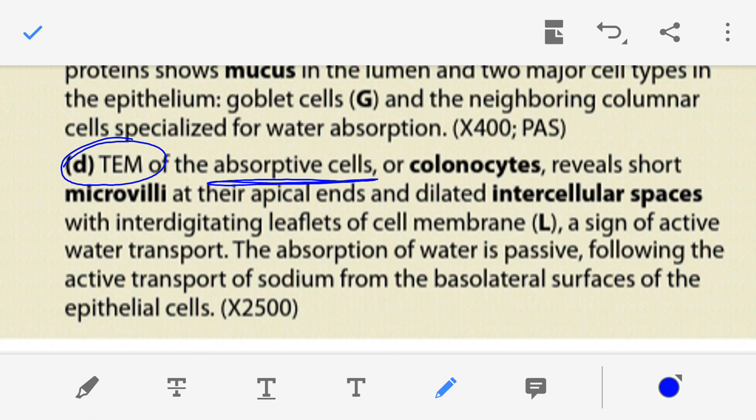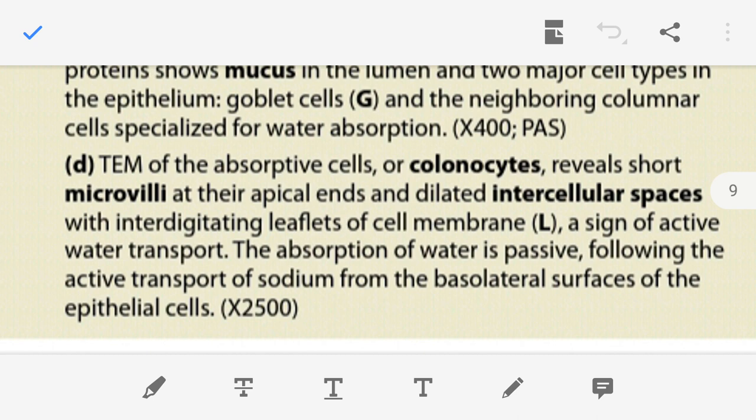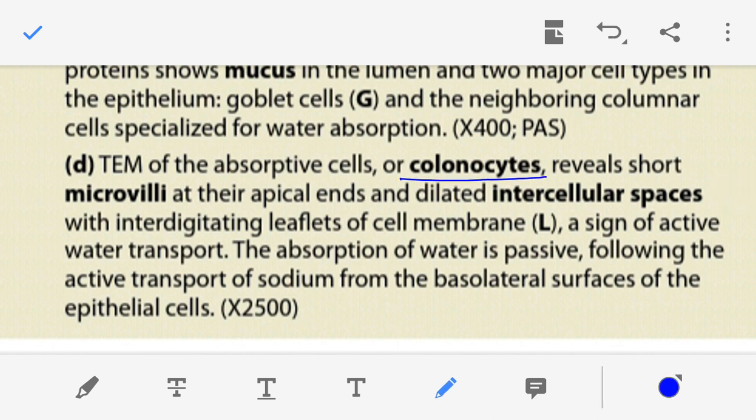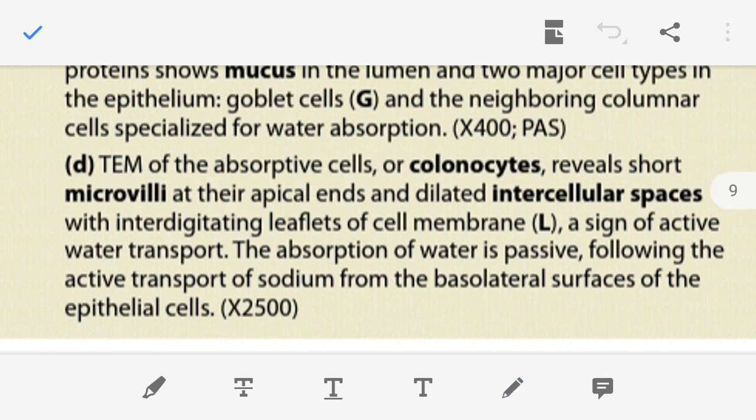Now the other name for the absorptive cell is colonocytes. So on the surface of the colonocyte, or the absorptive cell, microvilli are present at their apical ends.